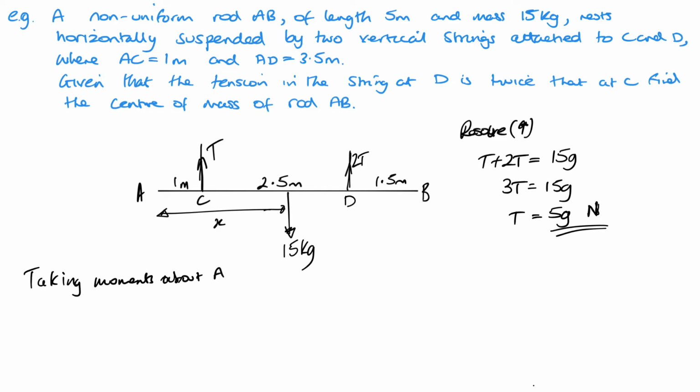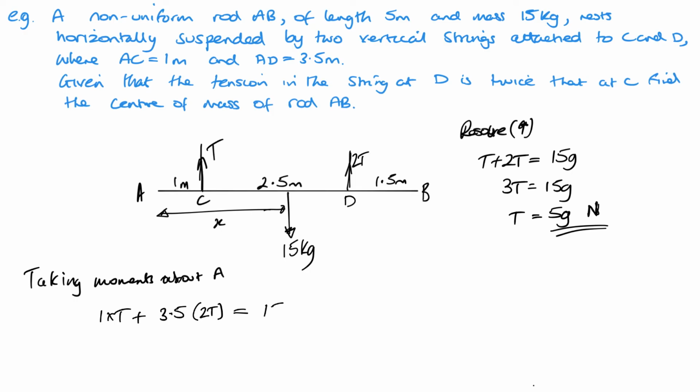A. So let's look. Everything that is going up, because we're going about A, is all going to go in this direction, which is anti-clockwise. And then the only thing going in a clockwise direction is this weight. So we've got 1 times t plus 3.5 times 2t.